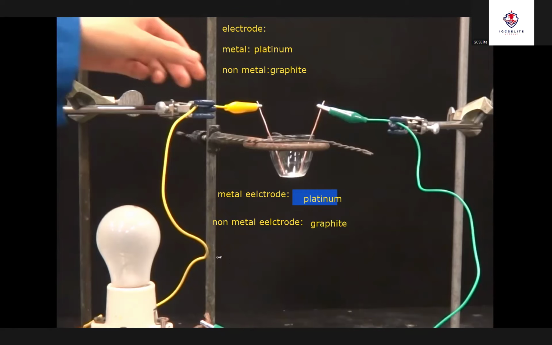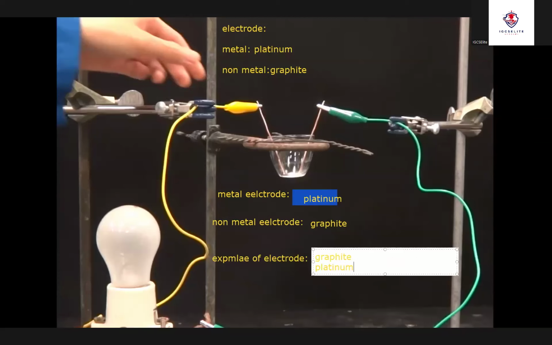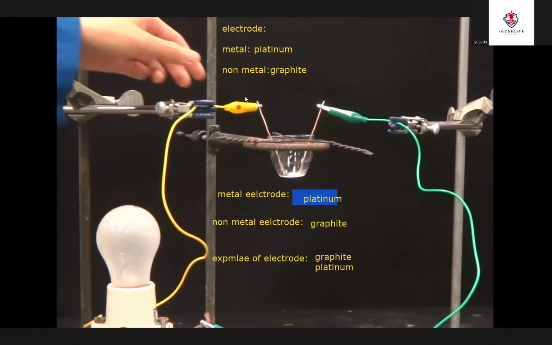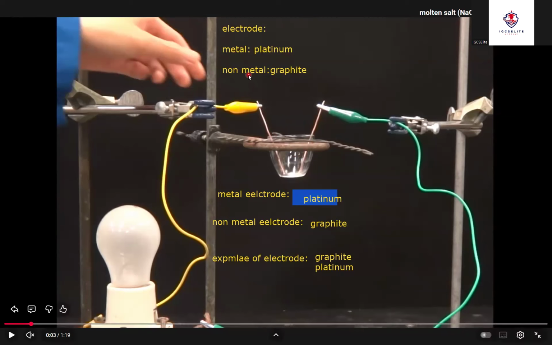In some questions, he will say, write an example of electrode. So, it depends on your choice. Someone will write graphite, so it's okay. Someone will write platinum, it's okay. So again, electrode can be made from metal, and in this case, this metal is platinum, and electrode can be made from non-metal, and in this case, non-metal is graphite.